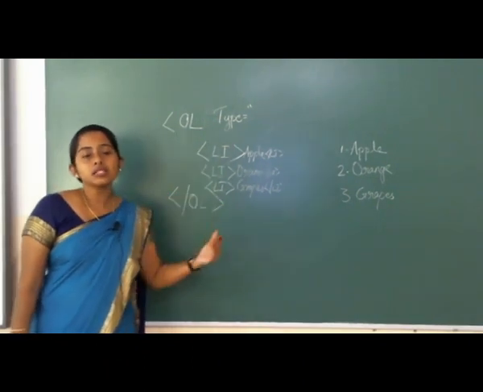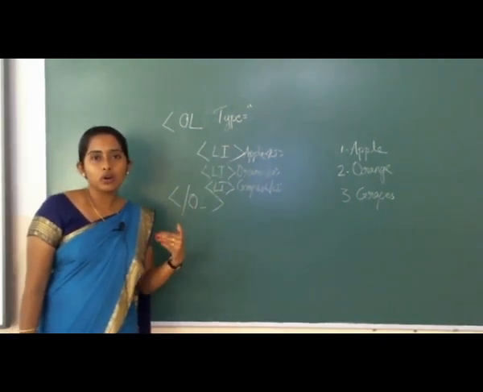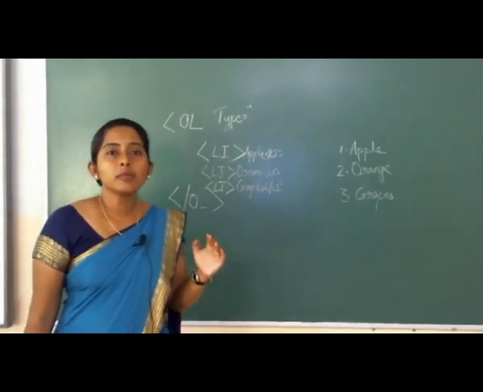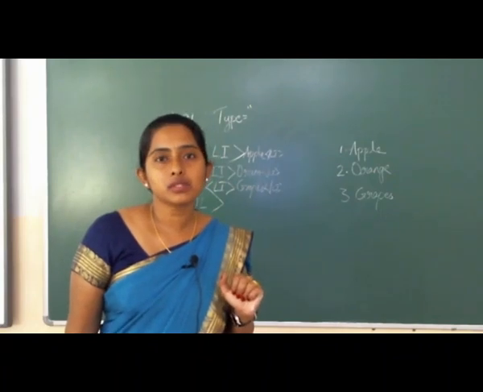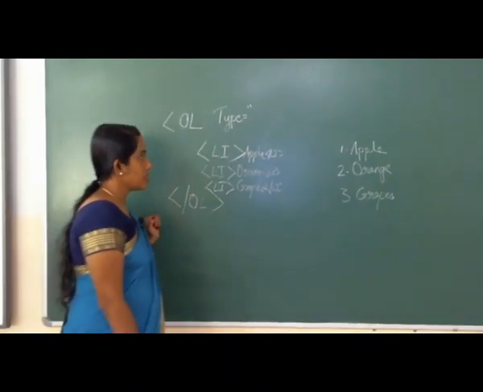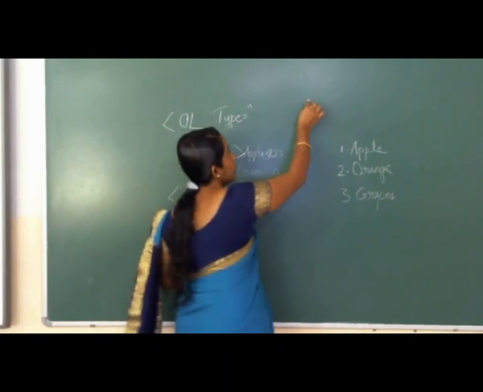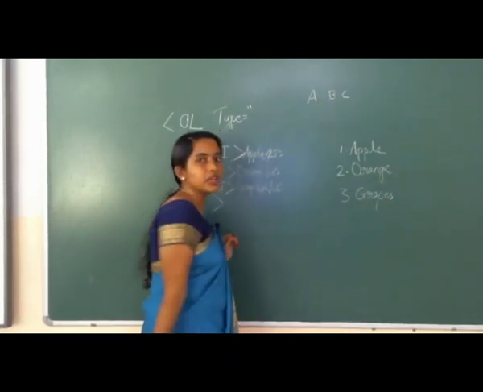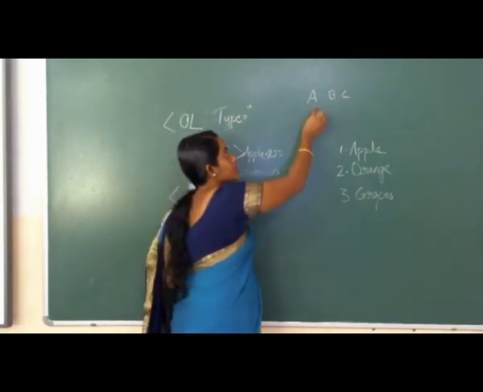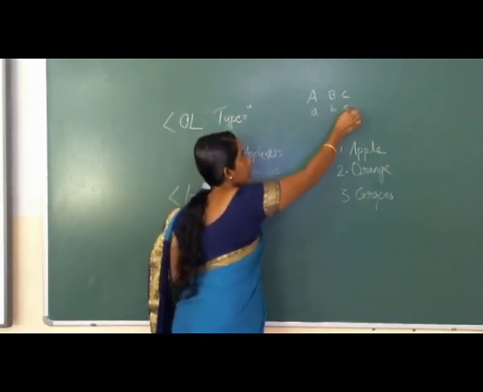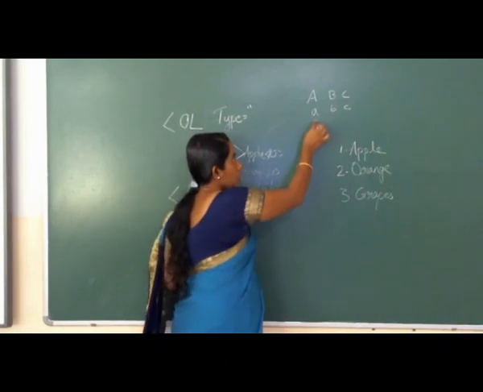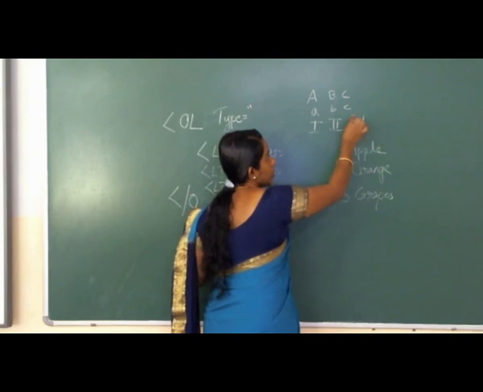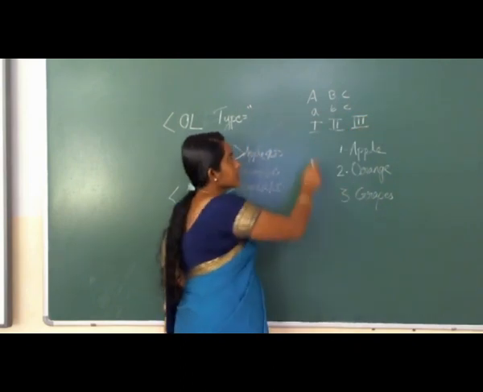If you want to change the numbering or order of the list items, mainly HTML provides 5 types. That is, the 5 types are capital letters A, B, C, D. Like that you can give the numbering. Otherwise small letters a, b, c. Otherwise capital Roman letters.